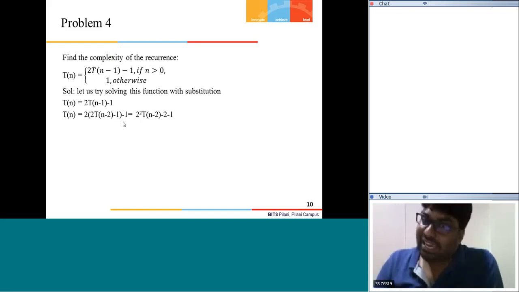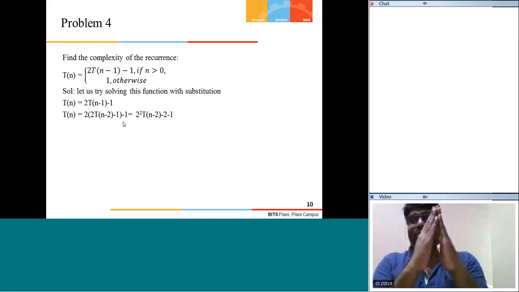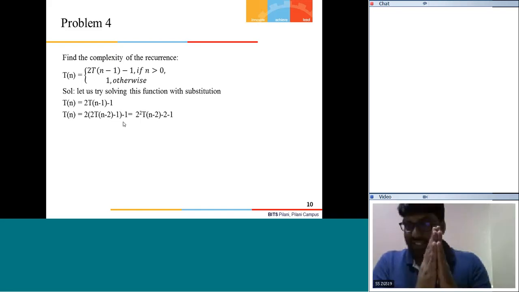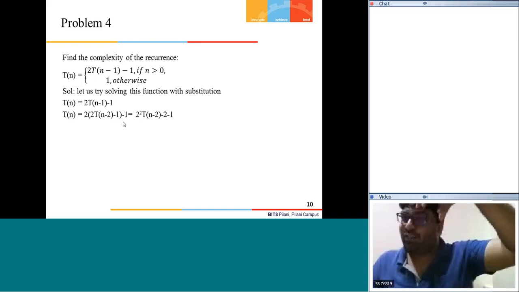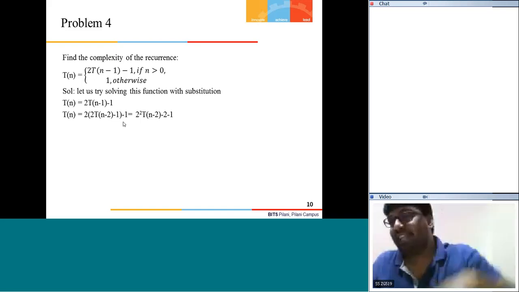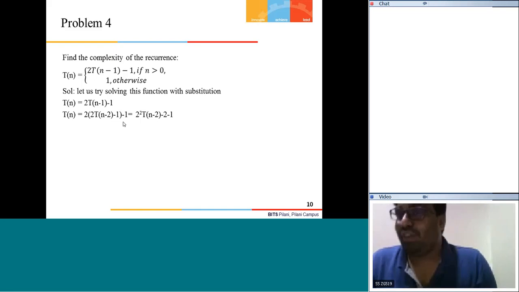What is it that you are going to do? Again, try to substitute one more time. Why am I substituting one more time? Just simply assume it as tree based. At the first iteration, if your input size is here, at the second iteration, divide and conquer, what will be the number of iterations you are going to do? Let's answer this question first.